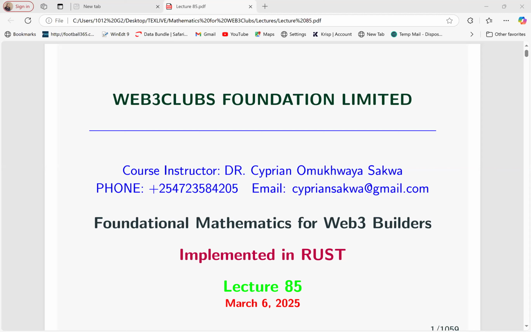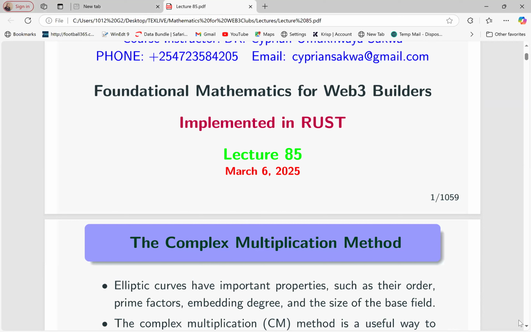Now, last week we looked at the introduction part of constructing elliptic curves. And today we're supposed to look at how we construct elliptic curves using the complex multiplication method.